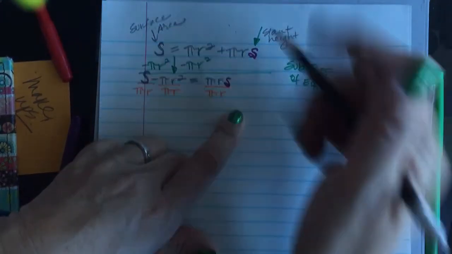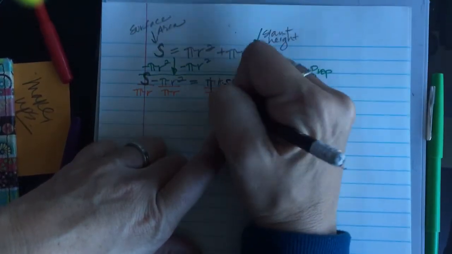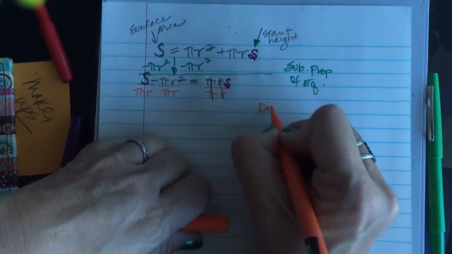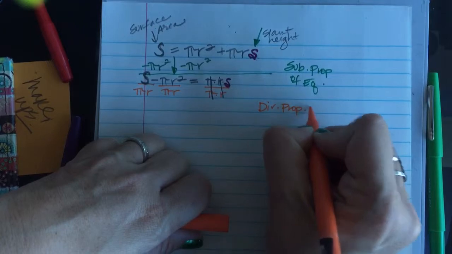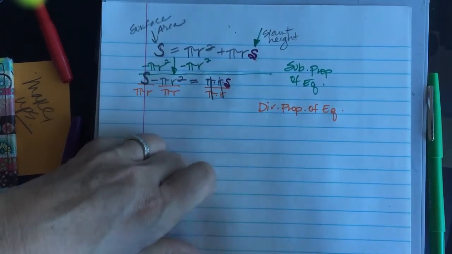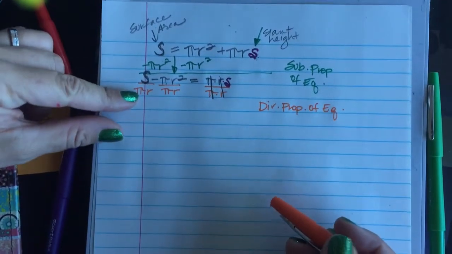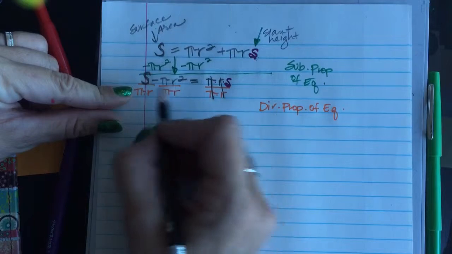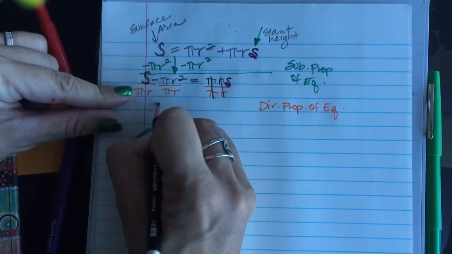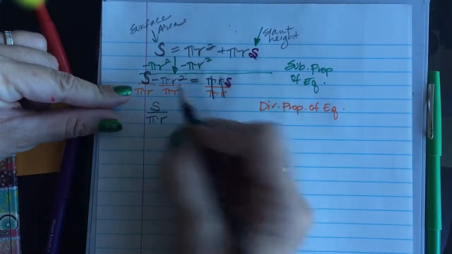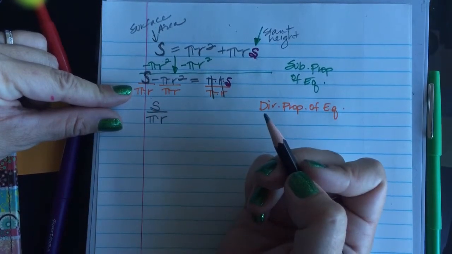So at this point, I can start saying, well, that divides out, that divides out. And actually, speaking of division, it's the division property that let me do this. And I go over on this side, and this capital S over pi times r, there's nothing I can do with it other than say the surface area divided by pi times the radius is going to be sitting right there.